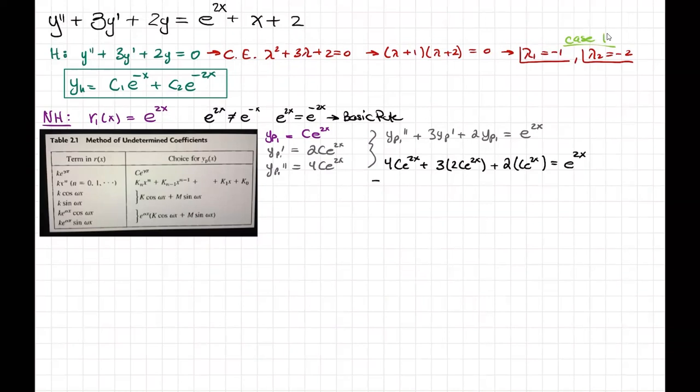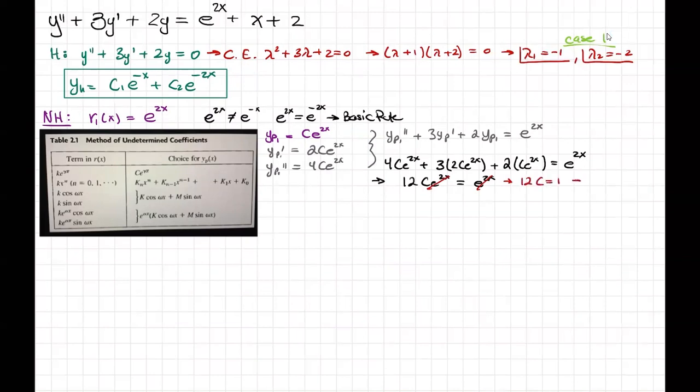So from this one, we can combine all of the terms. We have 4 plus 3 times 2, that's 6, so that's 10, plus 2, that's 12. Ce to the 2x equals e to the 2x. We can cancel these two terms, and we end up with 12c equals 1.